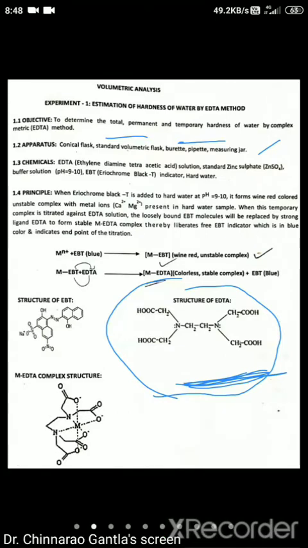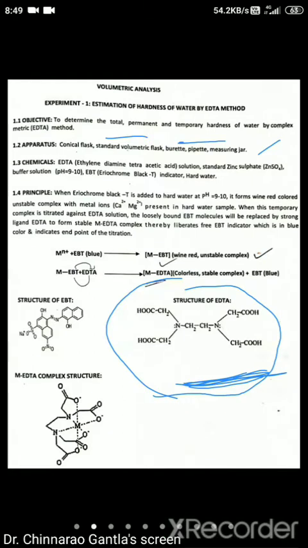When Eriochrome Black T is added to hard water at pH 9 to 10, it forms a wine red unstable complex with the metal ions, Ca2+ and Mg2+ present in the hard water sample.